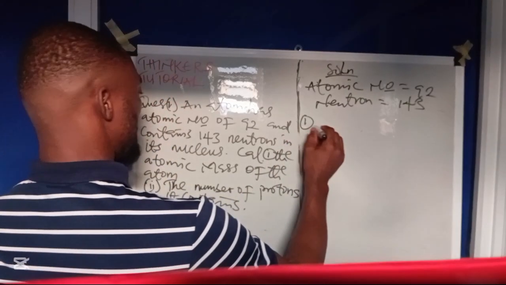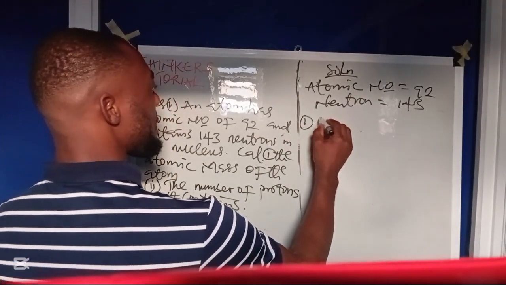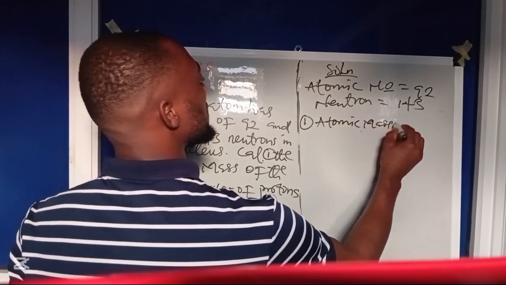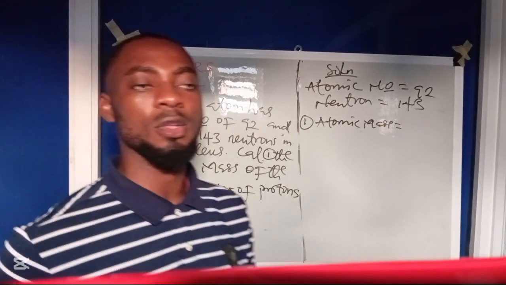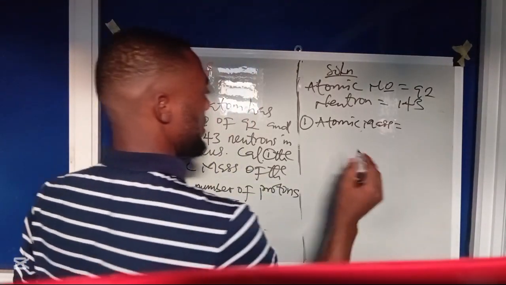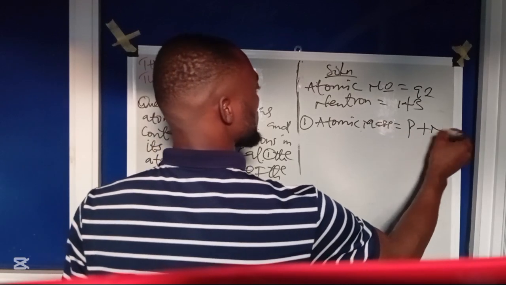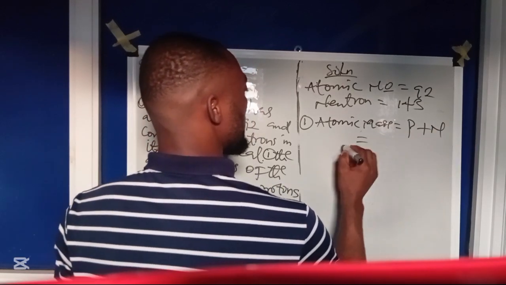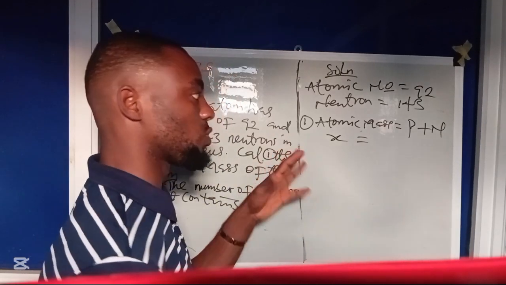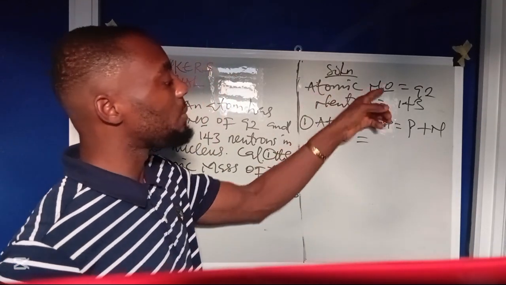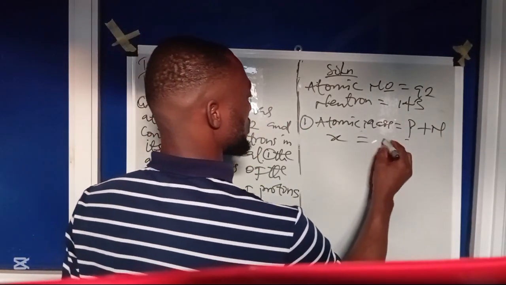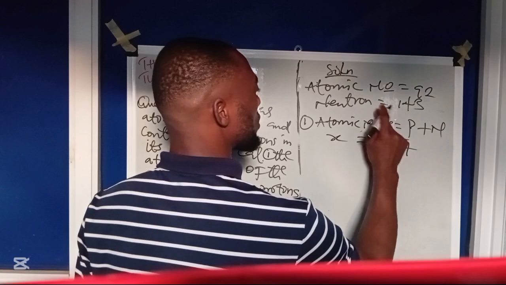Atomic mass is the same thing as mass number. So atomic mass is proton plus neutron. They did not give us proton directly, but you know that atomic number is equal to number of protons. So our proton number here will be 92, plus the number of neutrons.